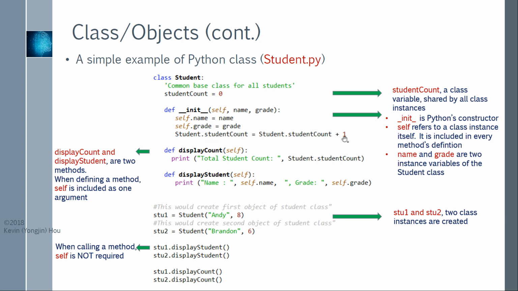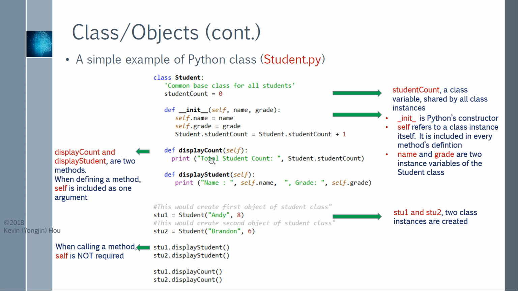Lastly, inside the constructor, it will update the class variable student count. Whenever a new instance is created, the student count increases by 1. Basically, that's the block of the constructor.